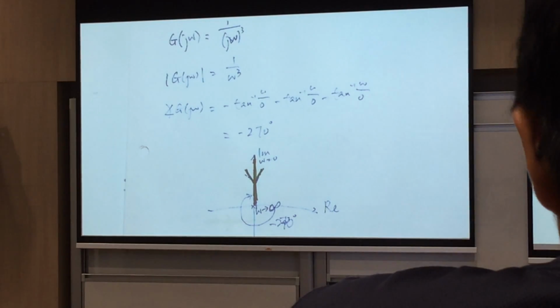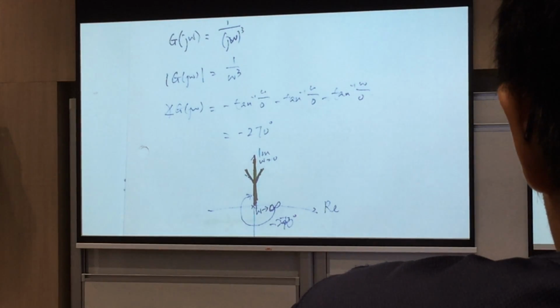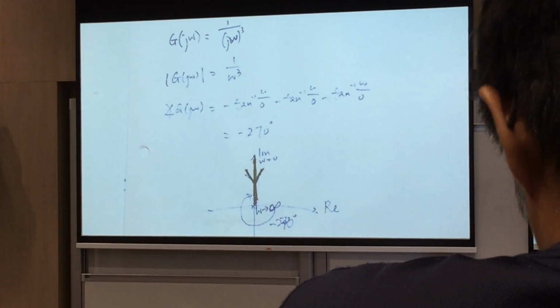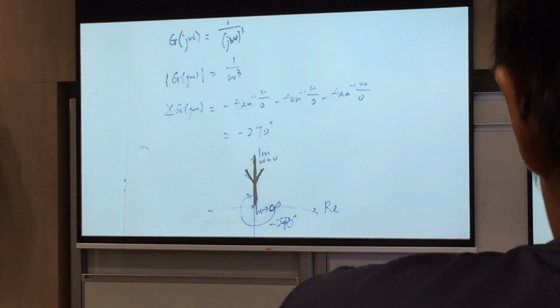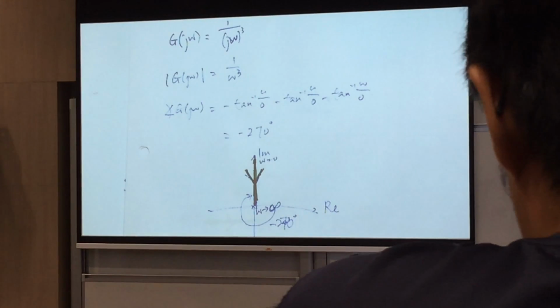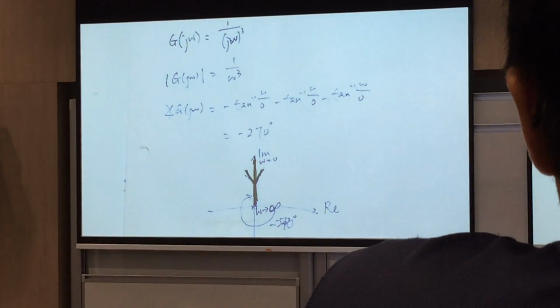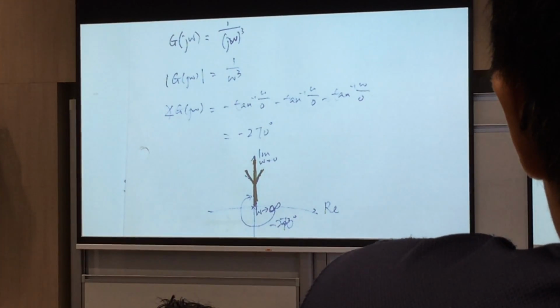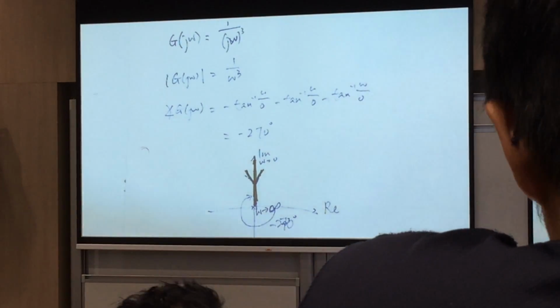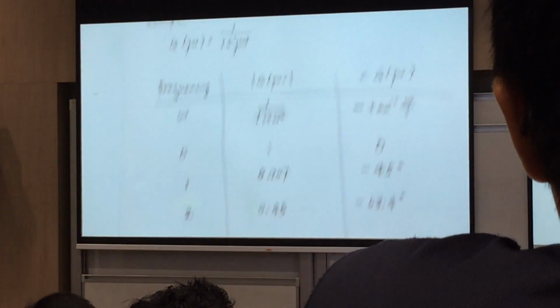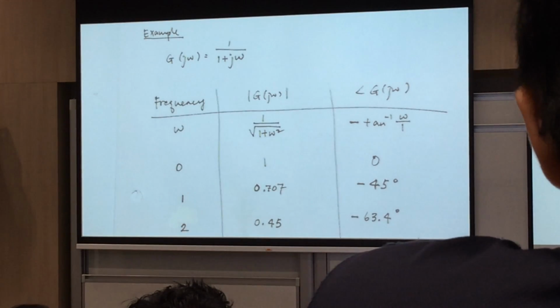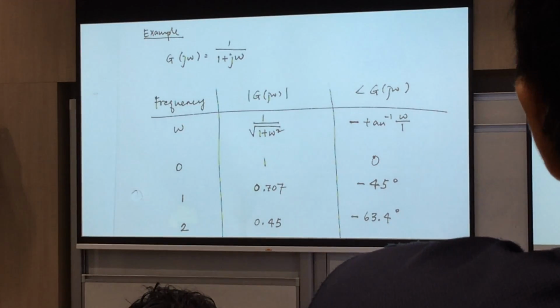So let's take things one step further. What do we expect from you if you are asked to draw a polar plot in the exam? To make things easier for you, so you know exactly what to write and it's easier to mark, take for instance an example like this: G(s) is 1 over 1 plus s.